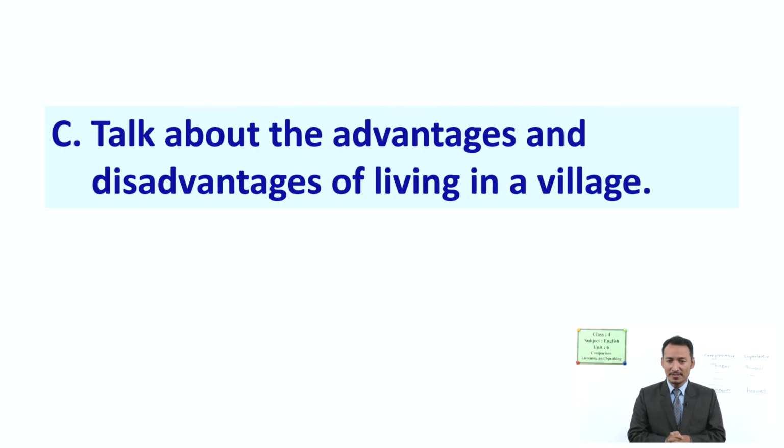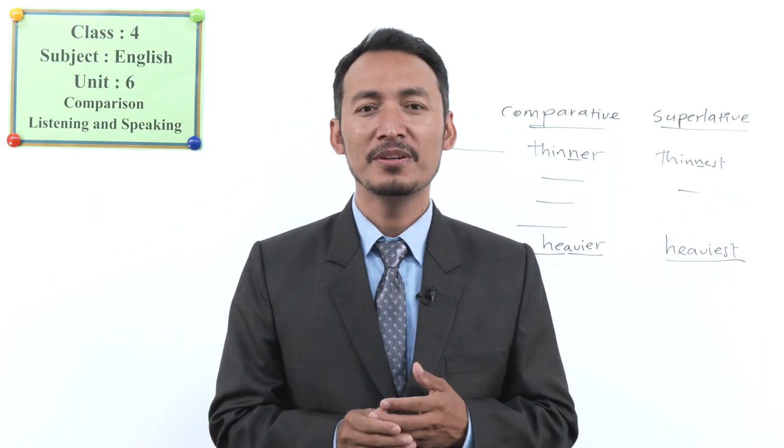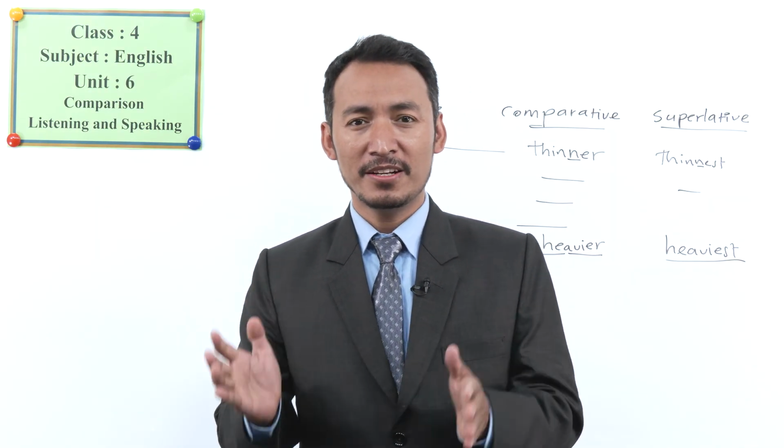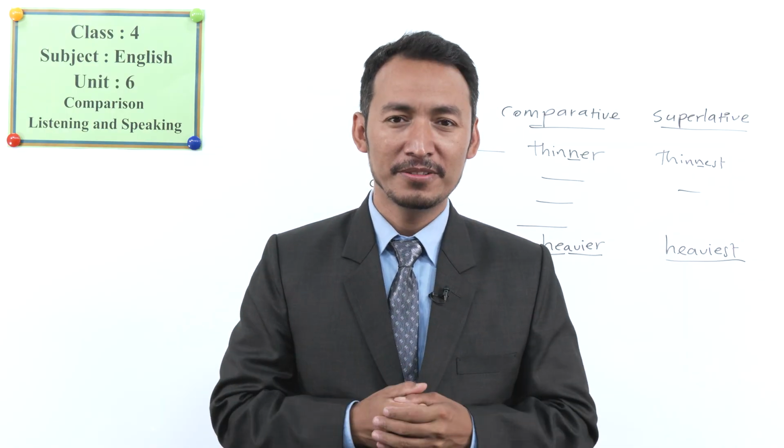You can say village is cleaner, village is beautiful, village is healthier. You can talk about how it is difficult to walk and travel. You can say there are no well-built roads. You can say there are no hospitals and so on. So you can talk about advantages and disadvantages and share in your school.